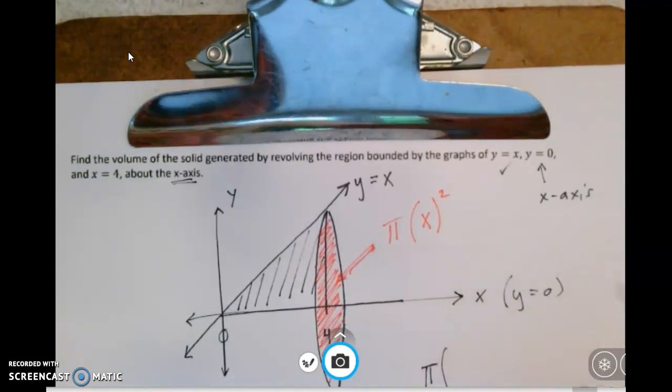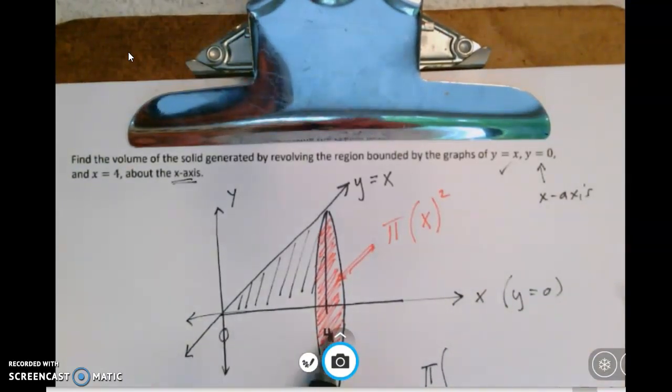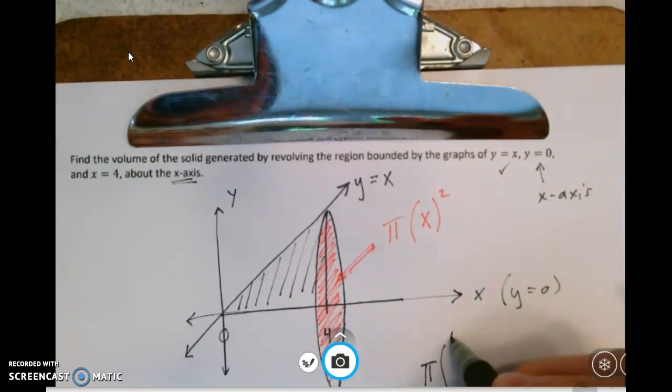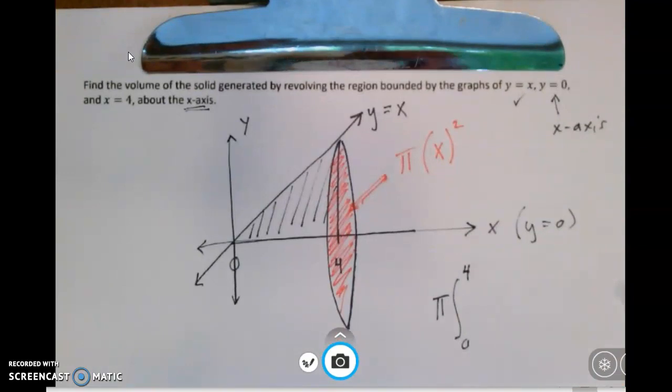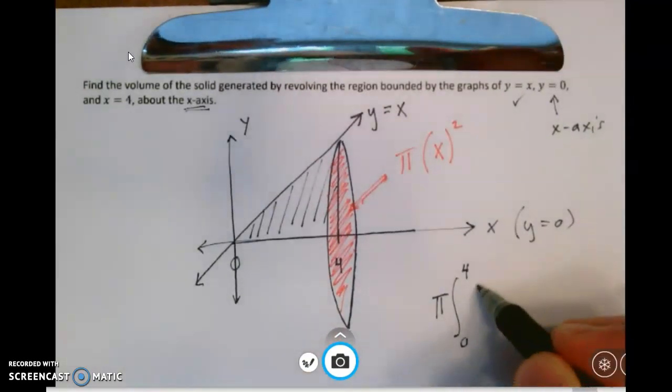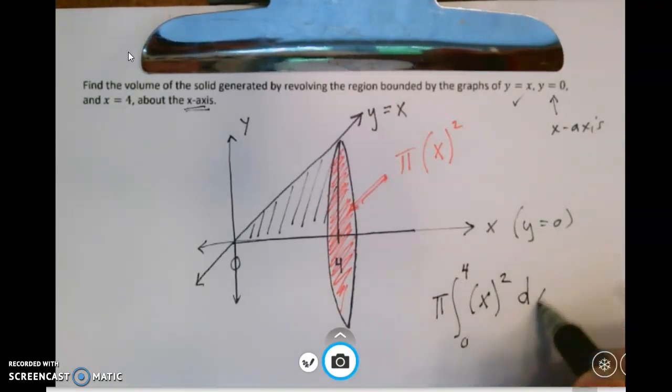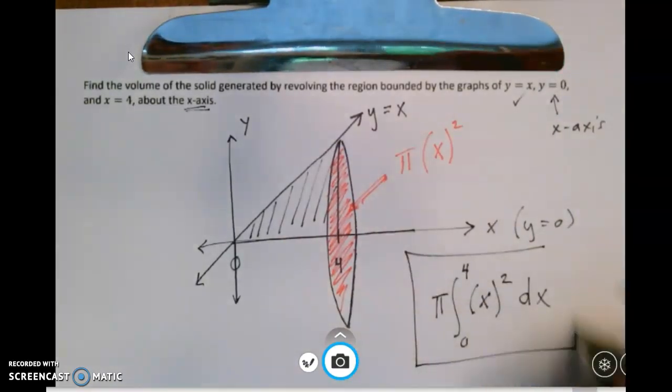We put our pi on the outside. Our x range is 0 to 4, so our lower boundary is 0, our upper boundary is 4. Again, we can think of it as the height of this object. And then our radius is x, and we square that, and we get dx. And that's what we put.